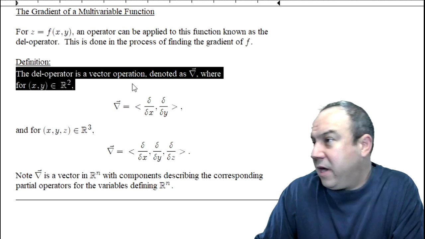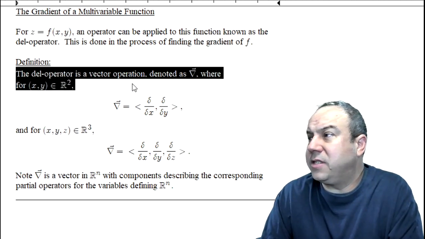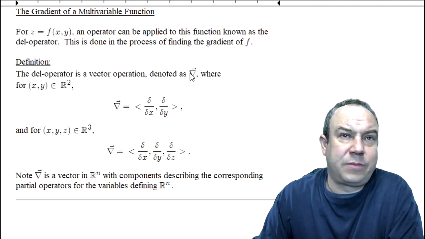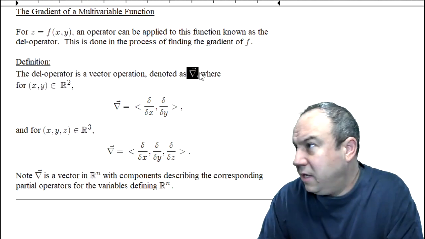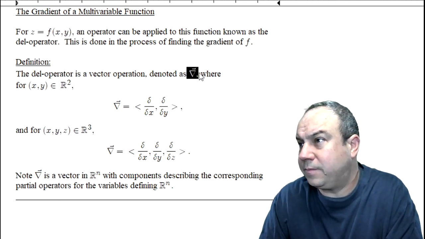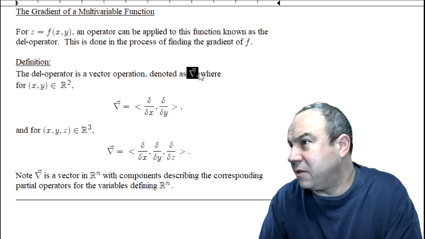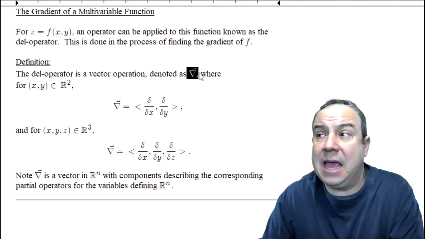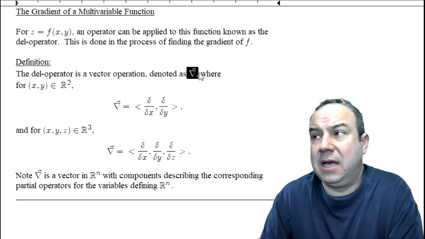The del operator is itself a vector operation. It is denoted as this vector seen here. This is called the del vector. That upside down triangle is actually the symbol we call nabla, N-A-B-L-A, nabla.